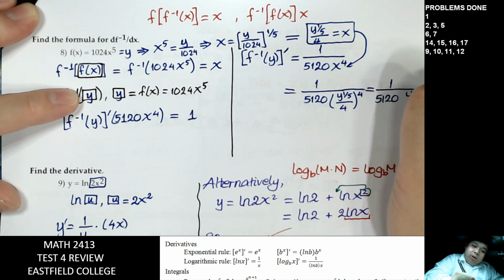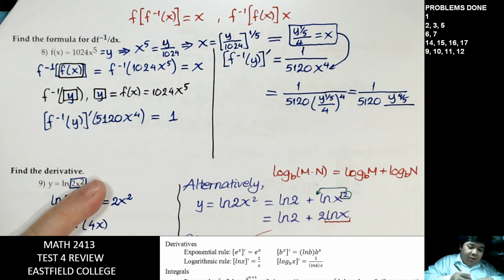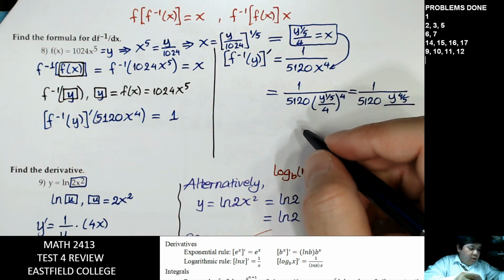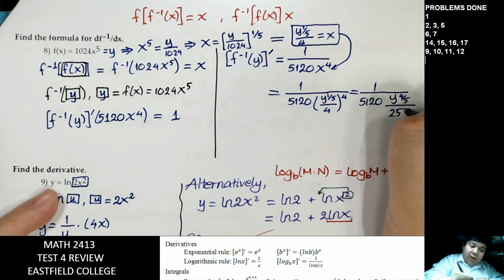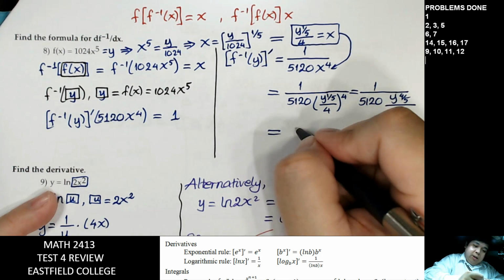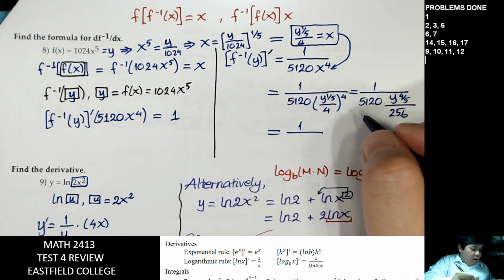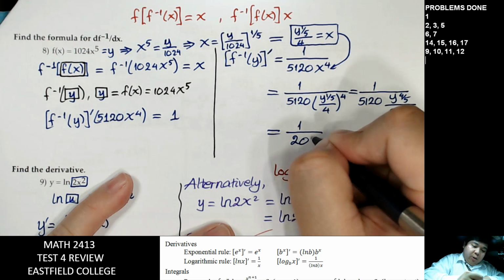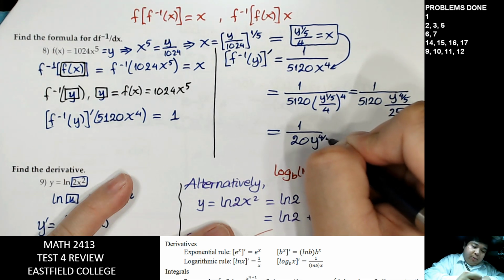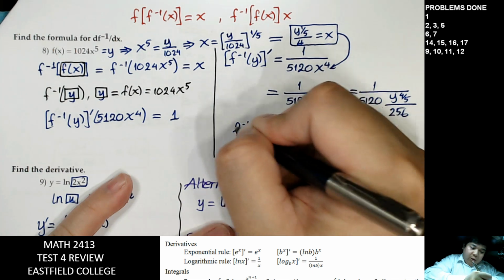We have y to the 4/5, and divided by 4 to the 4th power, which is 256. 5120 divided by 256 is 20, so I have 20 y to the 4/5. So that is the derivative of the inverse of y.